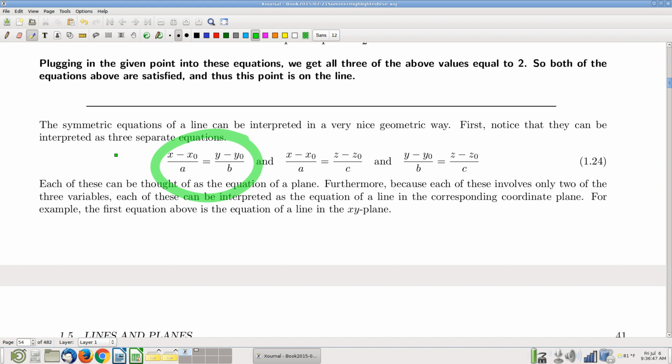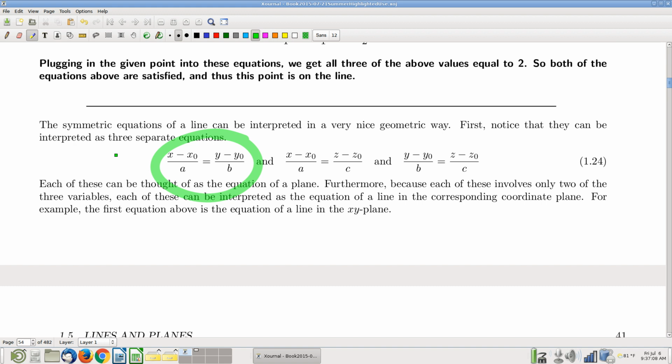That plane contains the original line. Now, how do I know this plane contains the original line? Well, let's think through what it would mean for a plane to contain a line. It means that if you give me a point in the line, that point must also be in the plane.